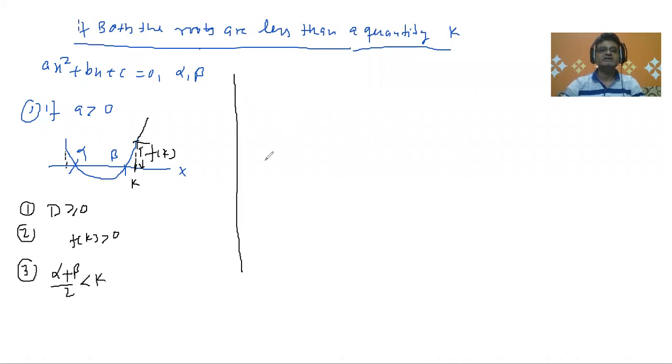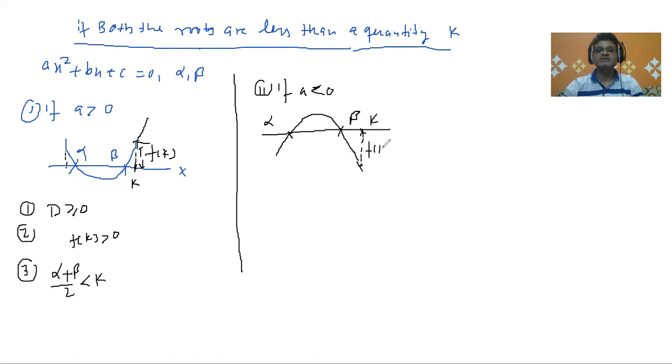But in the second case, if a is less than 0, then the quadratic equation will look like this. It will be a downward parabola with roots alpha and beta, and let this point be k. In that case, we can see that this is fk. So of course, D should be greater than or equal to 0.